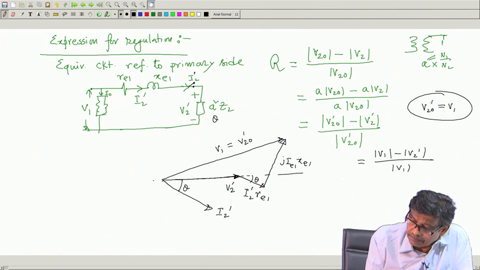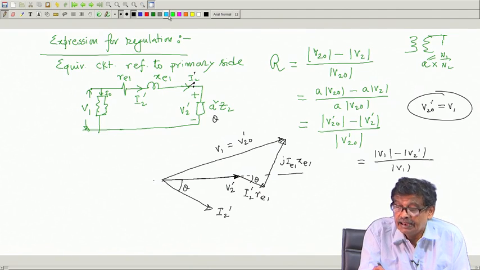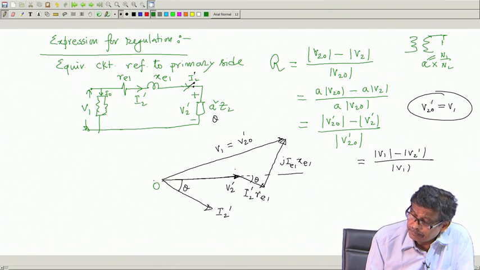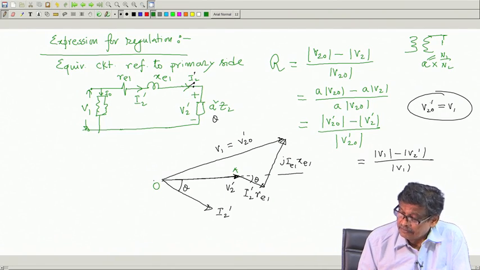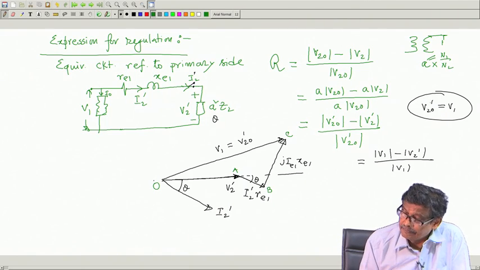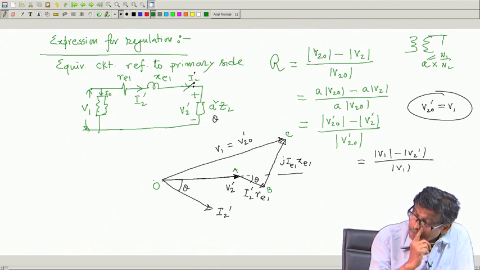Therefore, suppose I name these various points, like this is suppose O, let this point be A, this point be B, very simple calculation. See, it is like this.